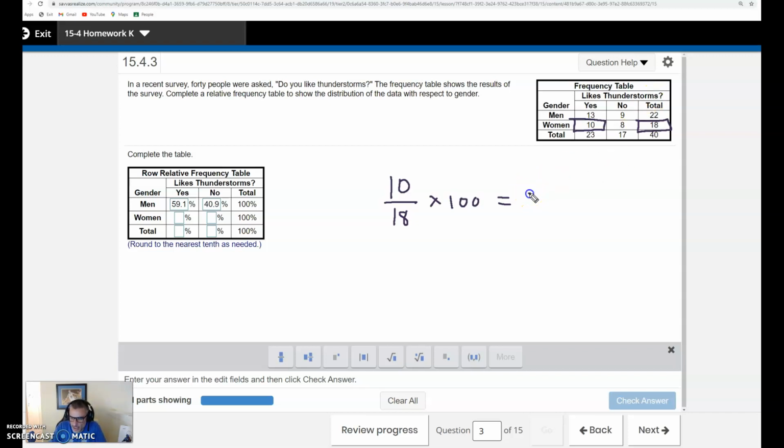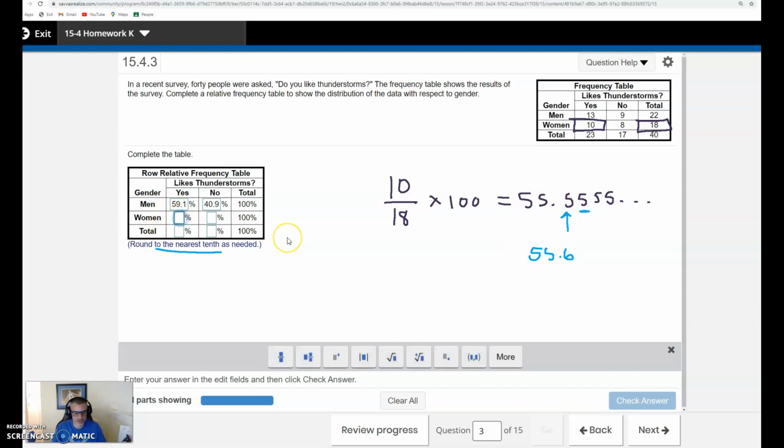And I get 55.5 repeating. So these 5s go on forever. It says to round to the nearest tenth. So here's the tenth. This is 5 or greater, so this is going to become 55.6%.